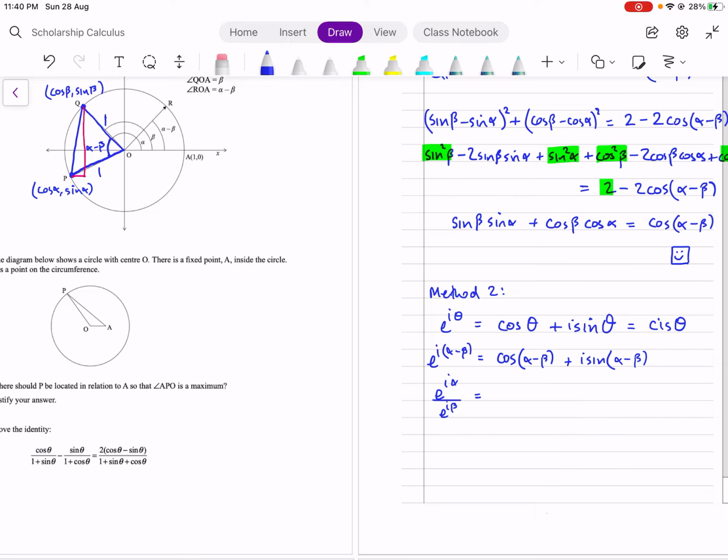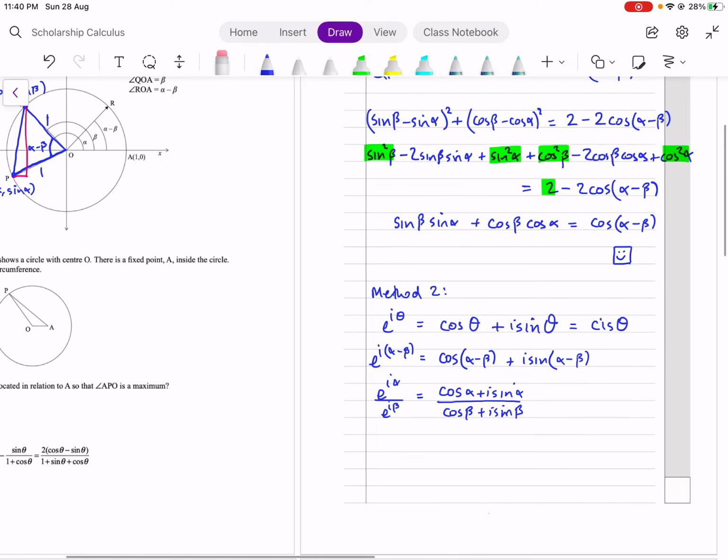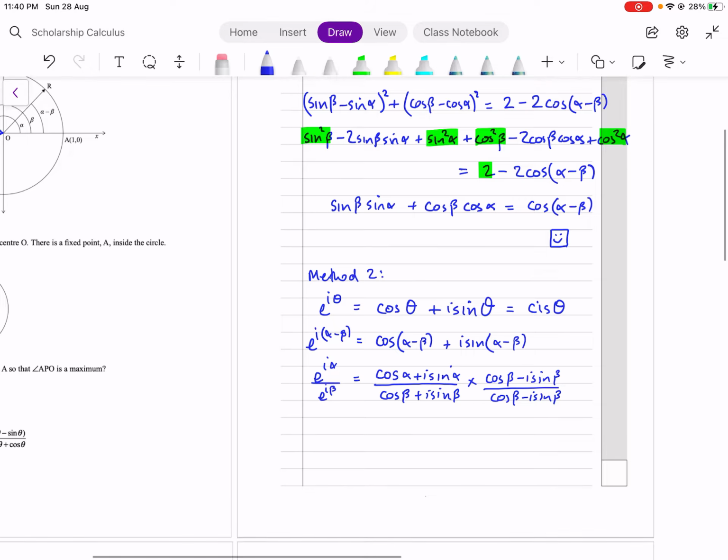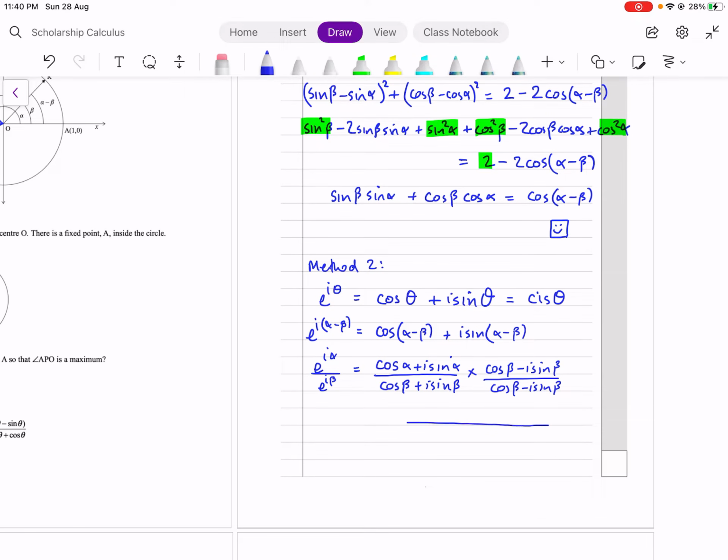Now, e to the i alpha is equal to cos alpha plus i sine alpha, and we're dividing by cos beta plus i sine beta. And when you divide complex numbers, you would have learnt about how to times by the conjugate. So cos beta minus i sine beta over cos beta minus i sine beta. And the denominator of this expression turns out being cos squared beta plus sine squared beta.